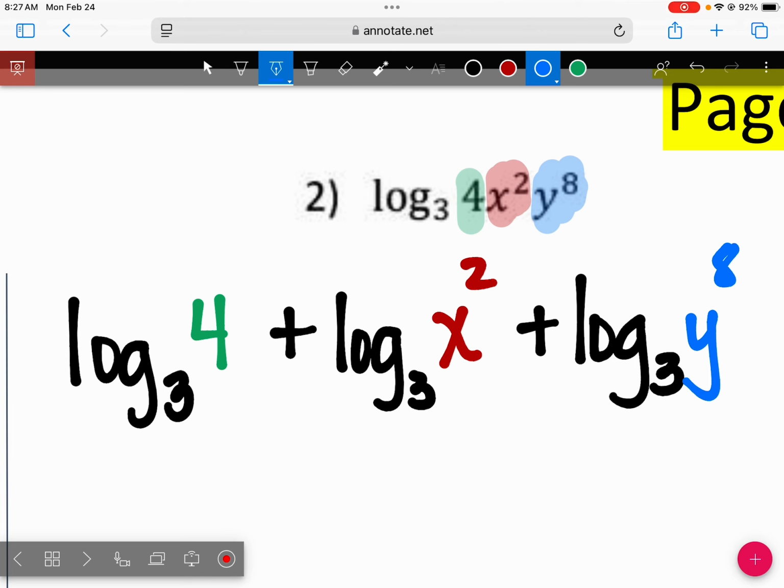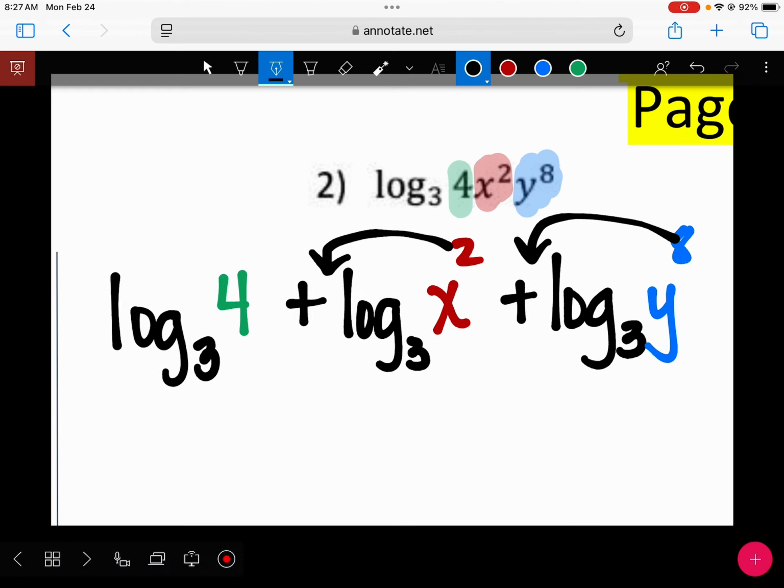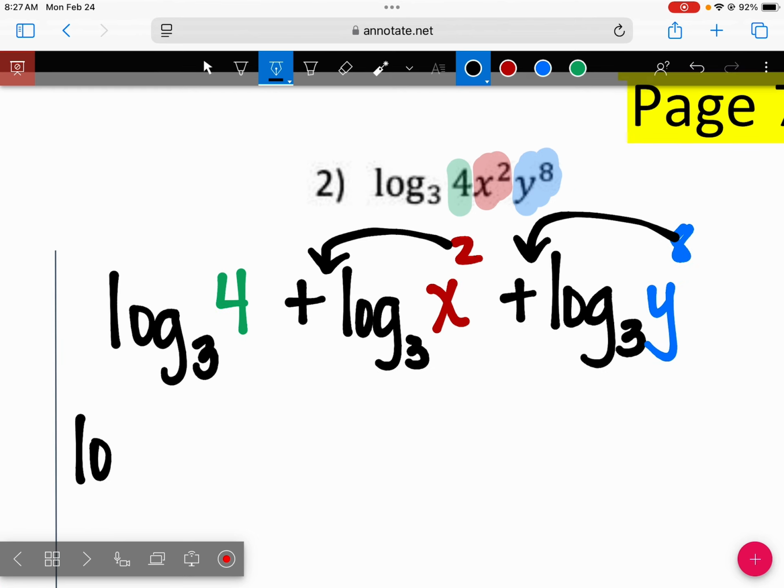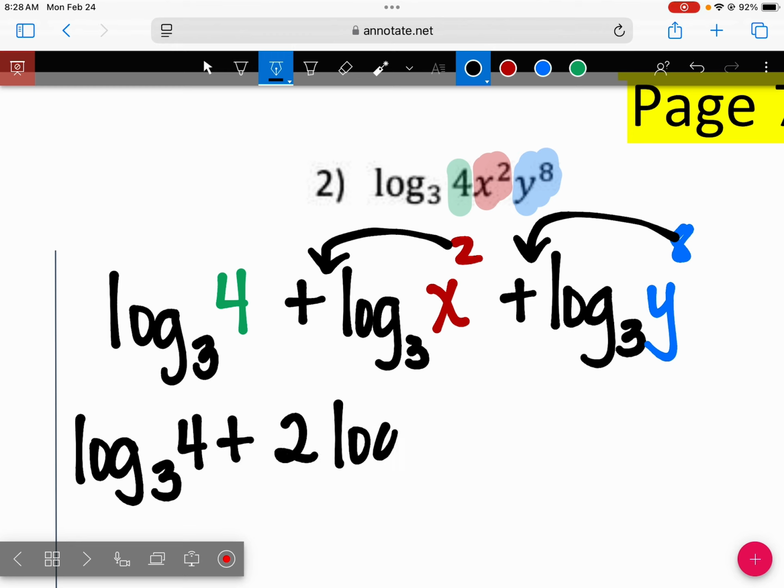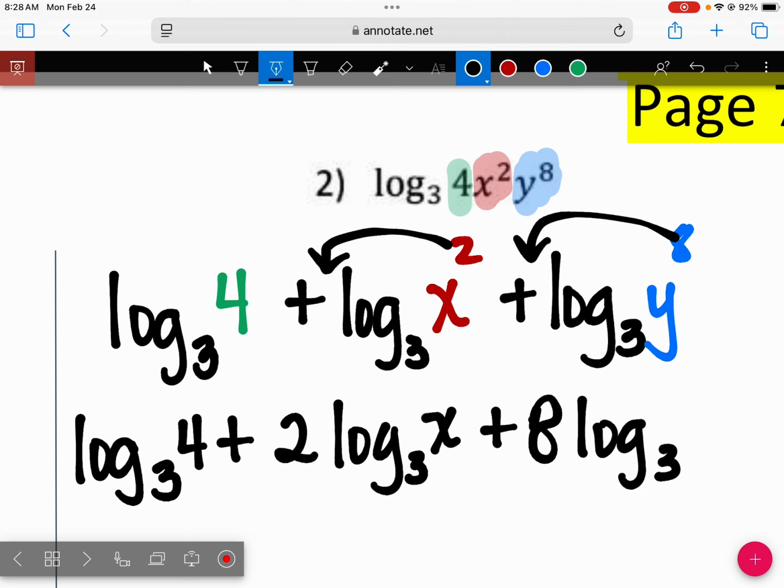And then if you see any exponents, we move those exponents to the front. So this 2 gets moved here and this 8 gets moved here. So my final answer would be log little bitty 3 of 4 plus 2 times the log little bitty 3 of x plus 8 times the log little bitty 3 of y. That's an ugly 8.